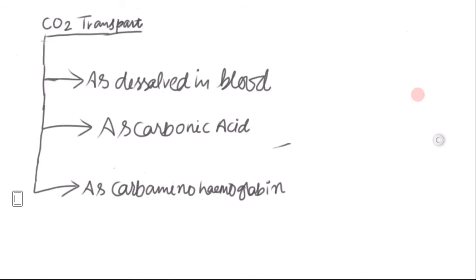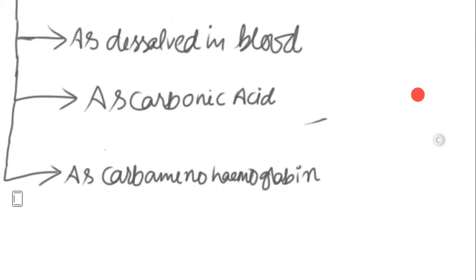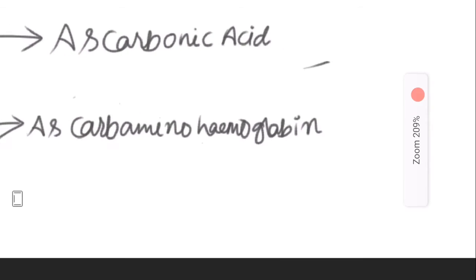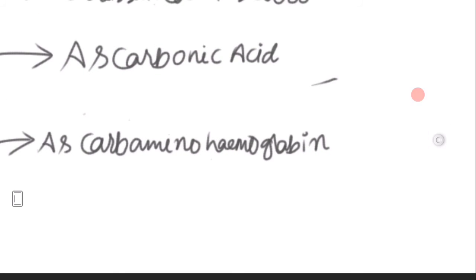Carbon dioxide is the waste product of our cells that has to be excreted, and it is mainly done in three ways. The first is as dissolved in the blood, the second is as carbonic acid, and the third is as carbaminohemoglobin.